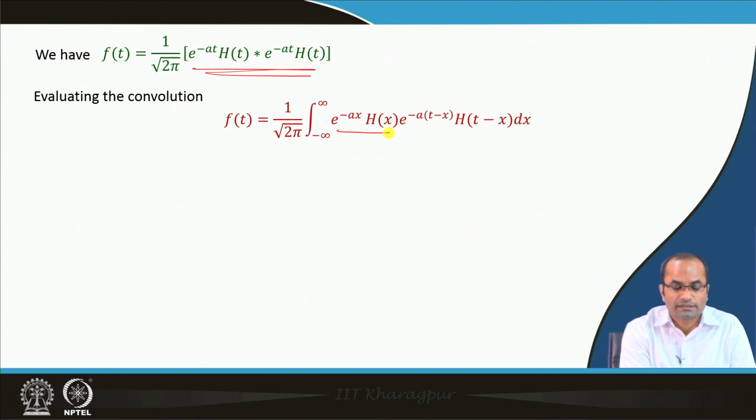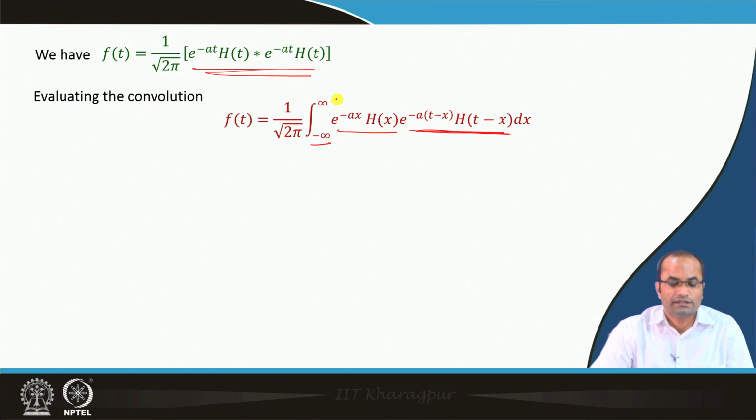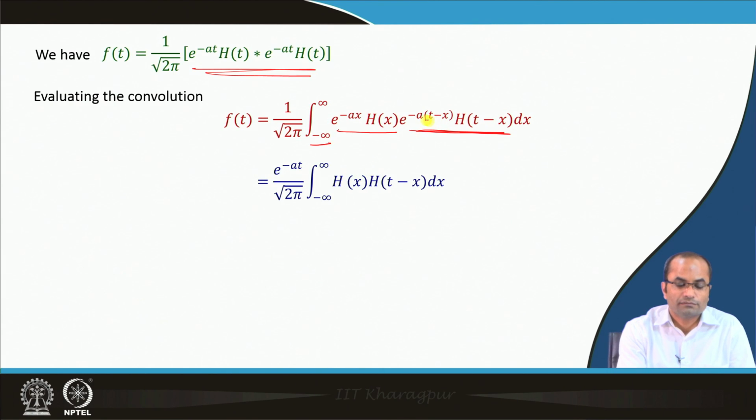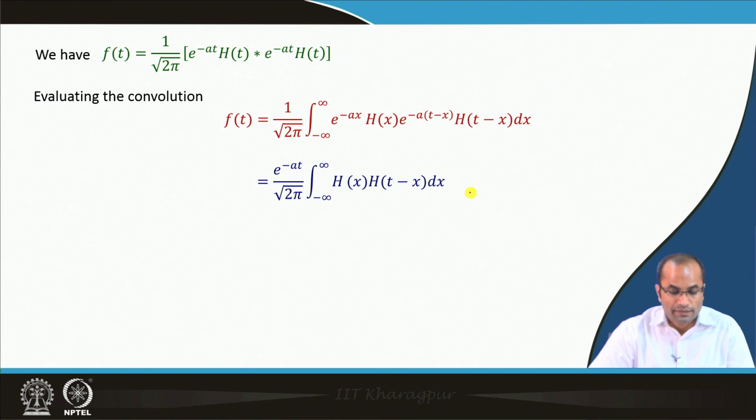So, e power minus a x h x, and this shift will be there in the second case, minus infinity to plus infinity. So, in this simplification, because we have e power minus a x, here we have e power a x, that will get cancelled, and we have e power minus a t outside because this integral is over x.